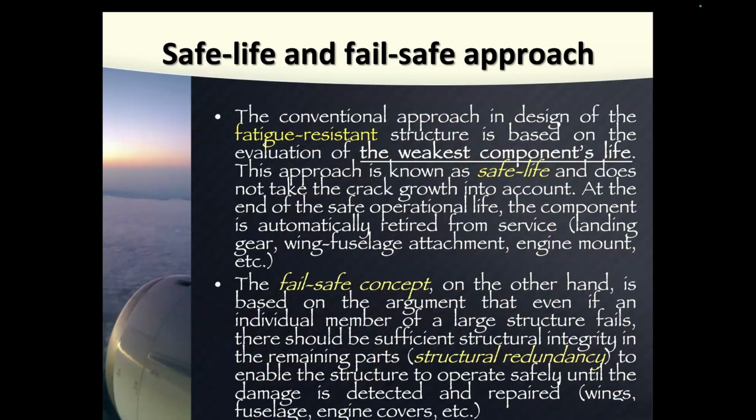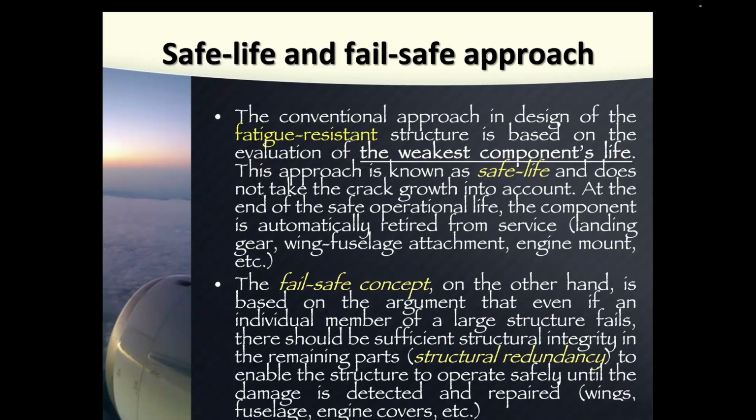In the design of structures, and all of my examples today will be from the design of aircraft structures, we have two approaches or two philosophies. Number one is the so-called safe life approach. In this approach, we don't allow any kind of crack to appear in the structure.